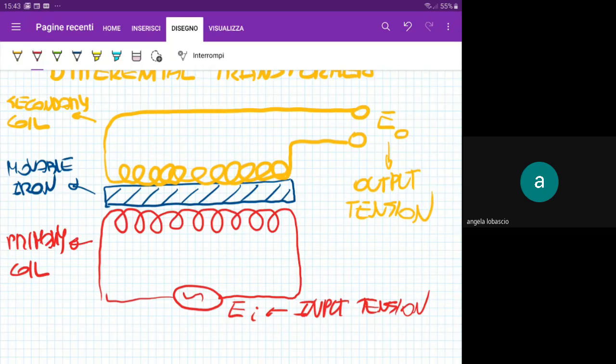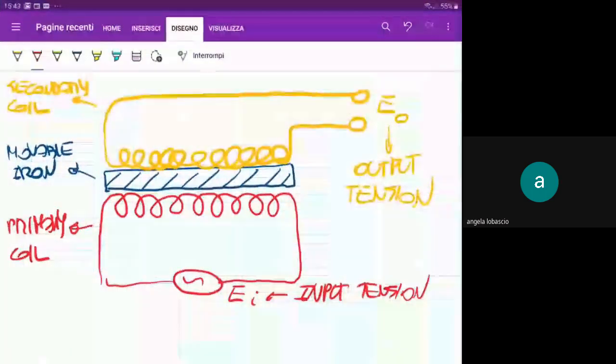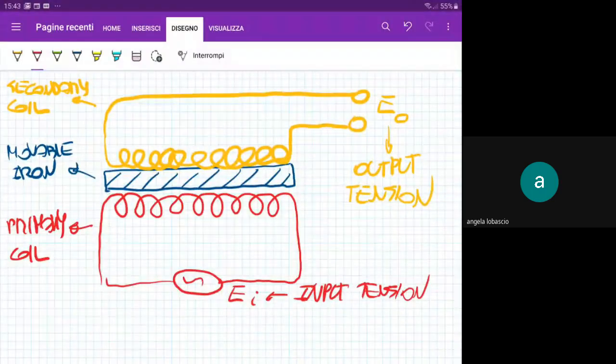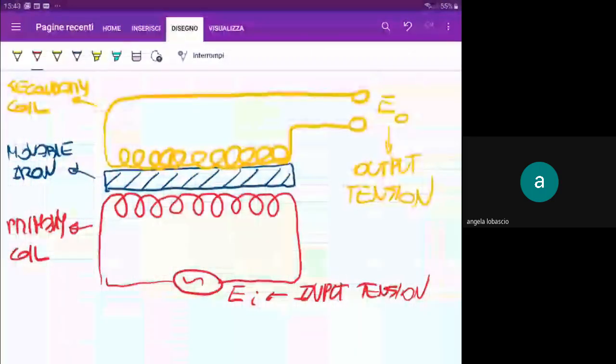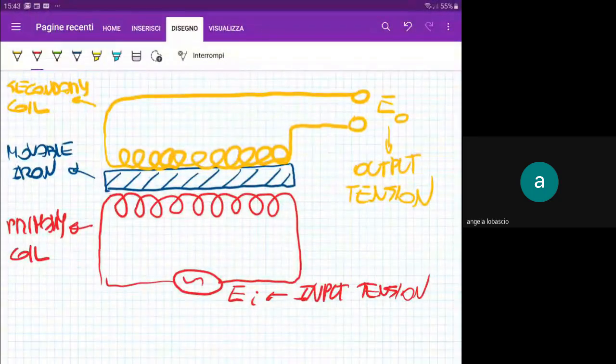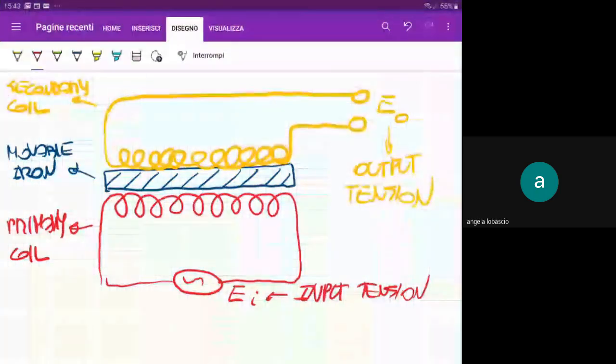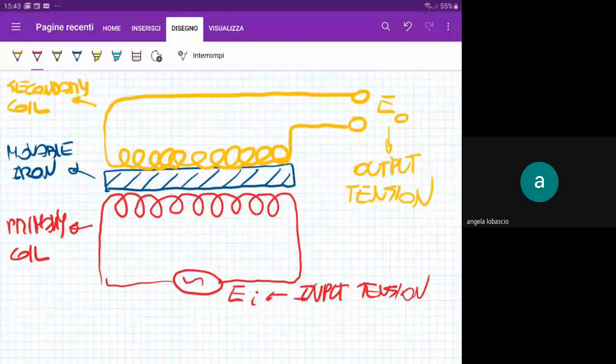This motion of the movable iron happens inside an electromagnetic field that is induced by the primary coil. This primary coil is fed by an input tension, and because we are referring to an electromagnetic field, this input tension is for sure an alternating current, with its own frequency and its own amplitude.